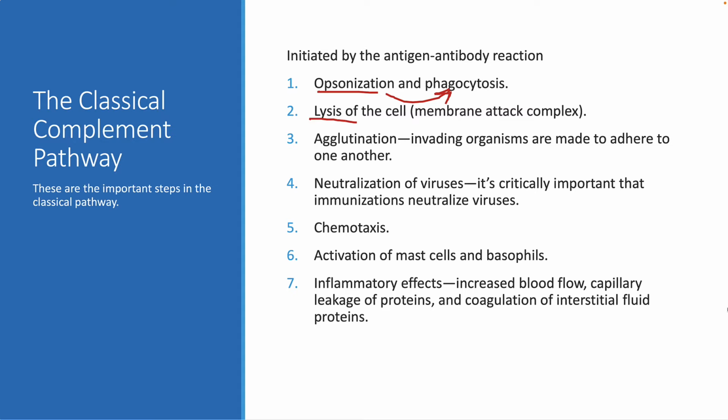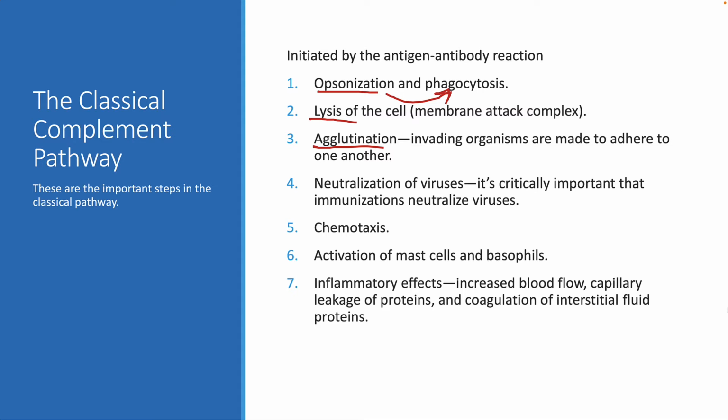So we find some complement that identifies the cell membrane of the bacterium, for instance, and attacks that membrane complex. Agglutination means that we want to handcuff all the bad guys and put them in a paddy wagon, right? Well, that's agglutination. We take all of the bad guys in an area and we stick them all together so that we can keep tabs on them.